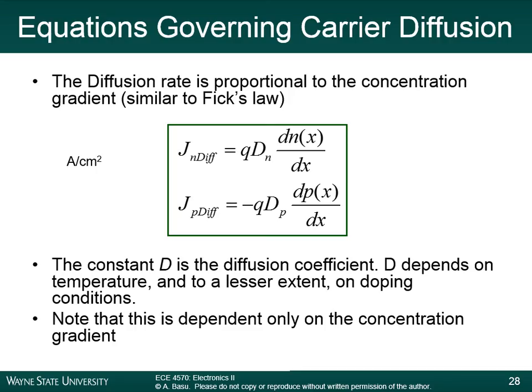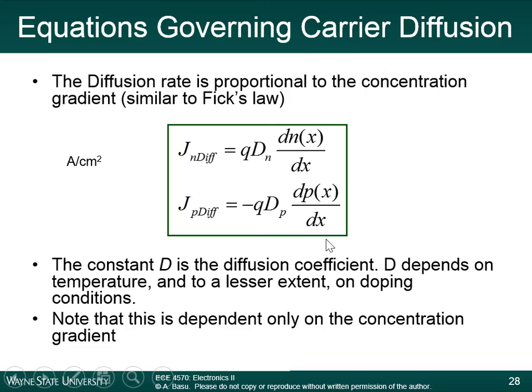So let's look at the different parts of this equation. Jn diffusion is the current density. We talked about current density with respect to drift currents in the previous module. This is the current density with respect to diffusion currents.